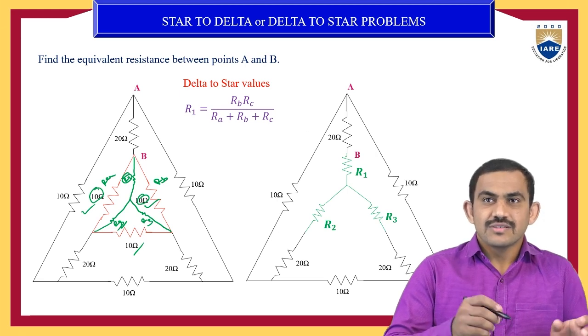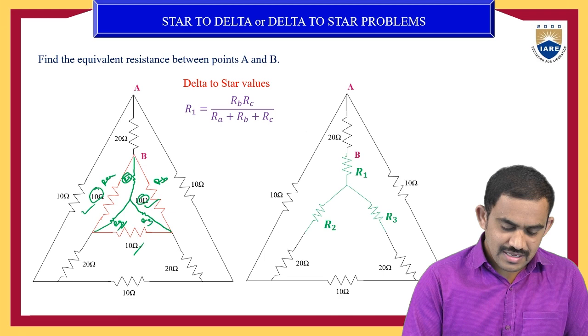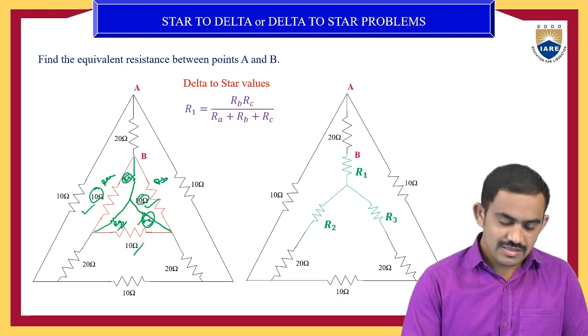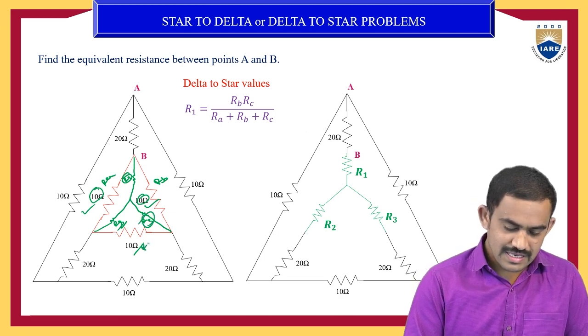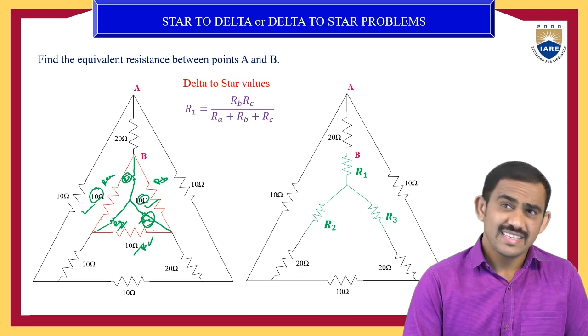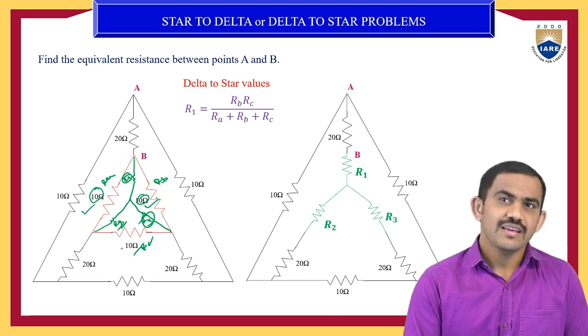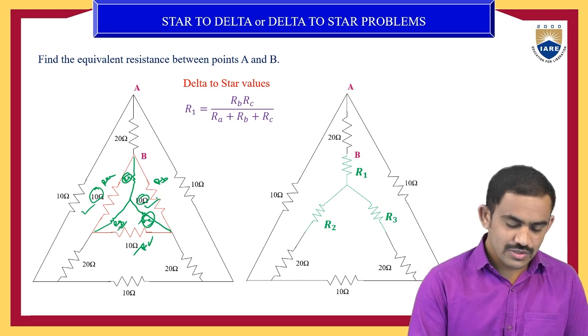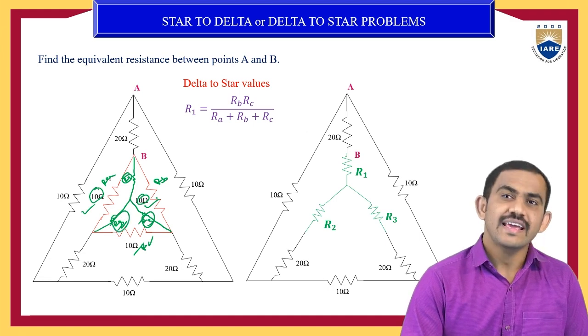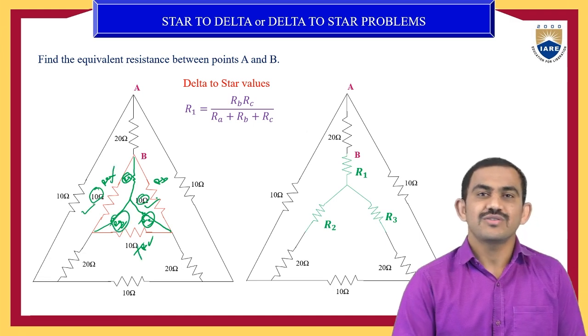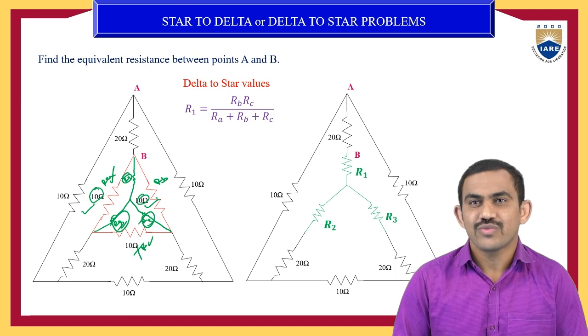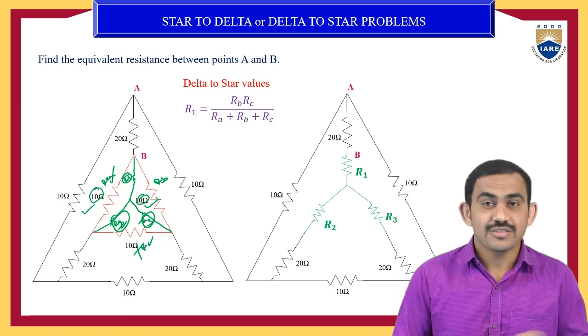So these are small logic. Again, if you want R3 value, that means RC into RB by your total resistance. If you want R2, RA and RC by your total resistance. So this is a logic to remember the delta to star formula.